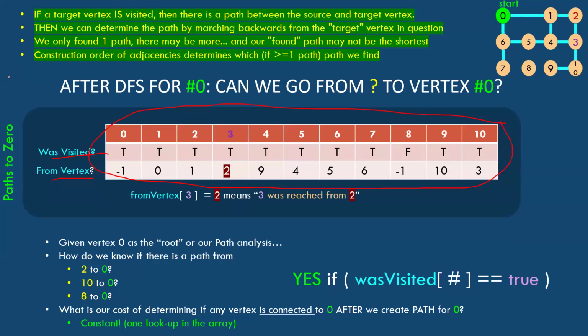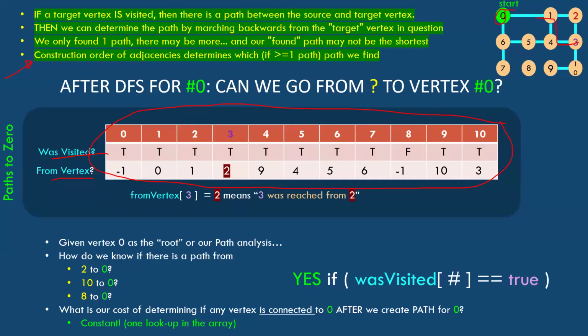And as we discussed briefly with that question we had, construction order of adjacencies determines which of the paths we get, right? We're not getting all possible paths back to 0. We're just finding one of them, okay? Which is a little bit of a subtle point here. We can't store every possible way to get back to 0 from number 9, or let's see 3, right?